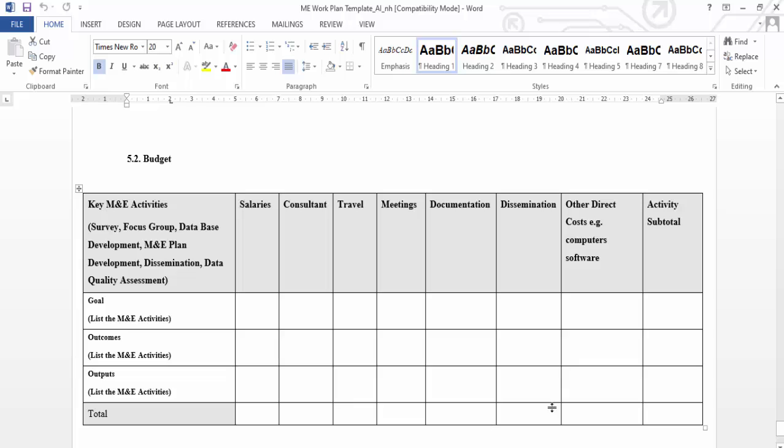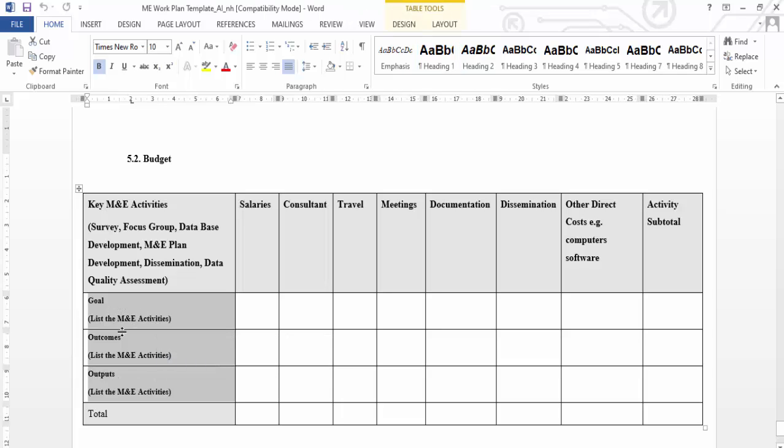And if you look at this budget, when you're doing the budget, align it to the project goals, outcomes, and outputs. That's the best way to do it, because when you do it that way, you are justifying why certain activities should be there and should be costed. If, for instance, you're going to have these meetings, M&E meetings, how much is it going to cost to have these meetings?